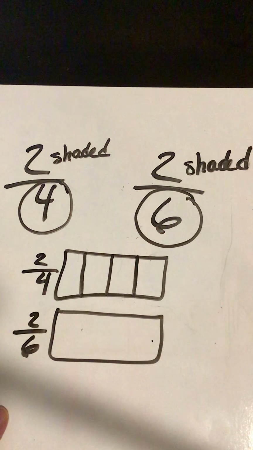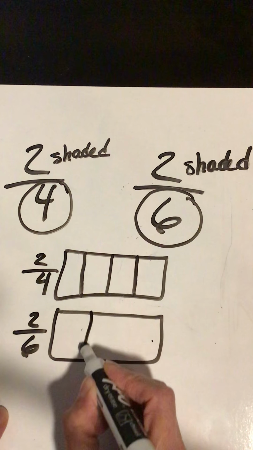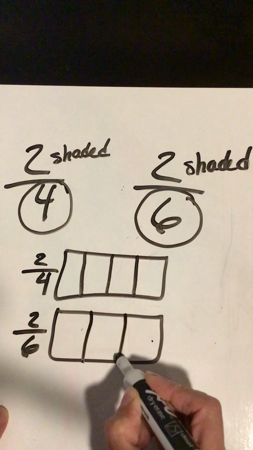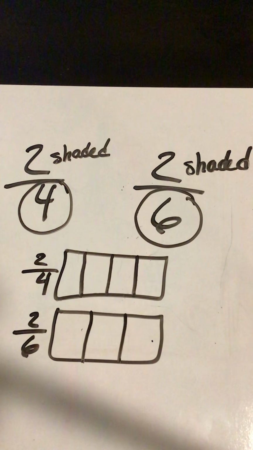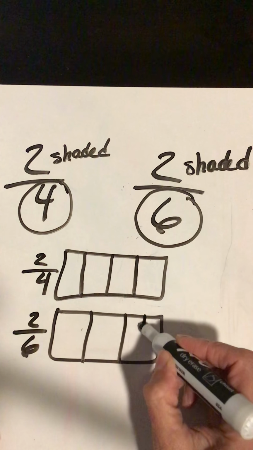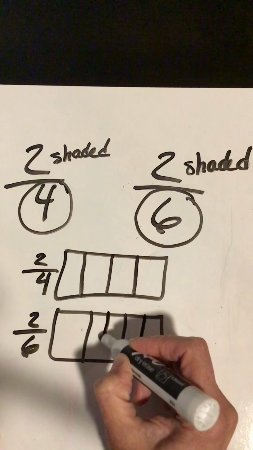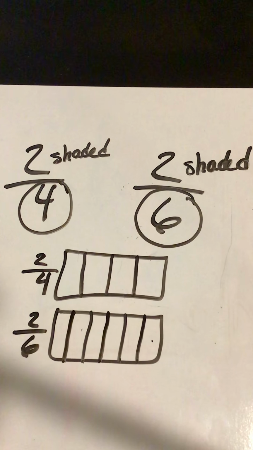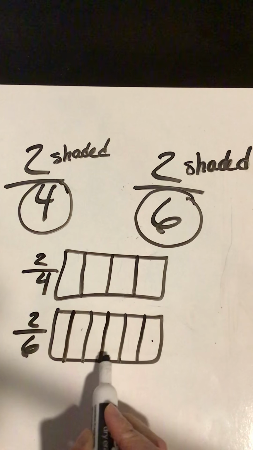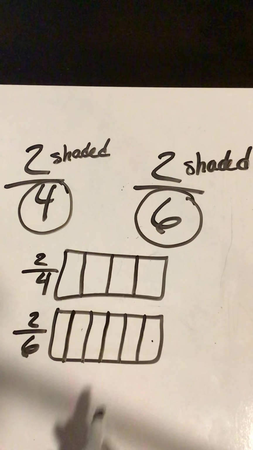So I recall that I could do thirds. So I'm going to go ahead and divide it into thirds to the best of my ability, because remember, I want my pieces to be as equal as possible. And then I'm going to go ahead and divide those one more time to make them into sixths. 1, 2, 3, 4, 5, 6.